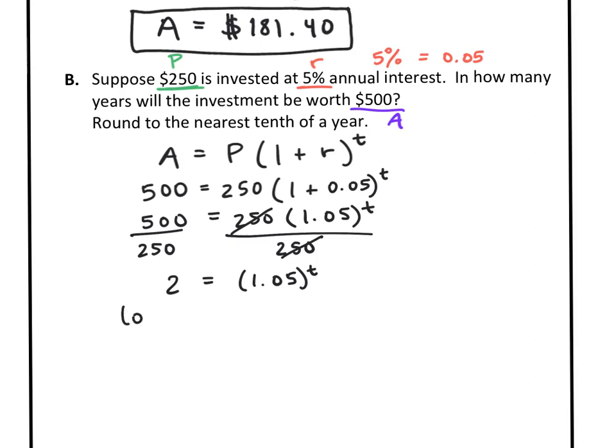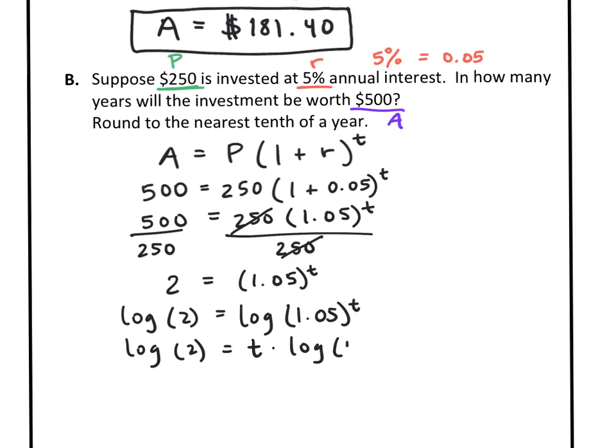We're going to apply log on both sides. So log of 2 on the left and log of 1.05 to the t on the right. And when I use log on both sides, it allows me to bring the t to the front. So I'm going to end up with log of 2 equals t times log of 1.05.